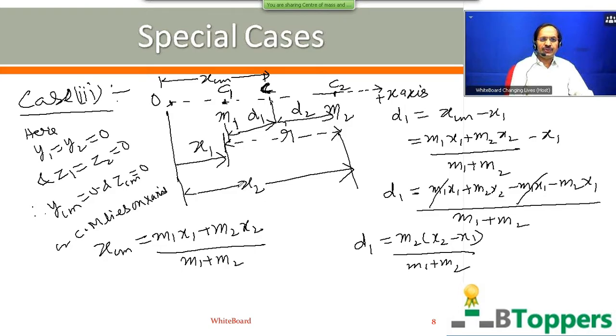You can observe from the figure x2 minus x1 equal to separation r between the two particles. That means distance of center of mass of system of the two particles from first particle of mass m1 you can write m2r by m1 plus m2.